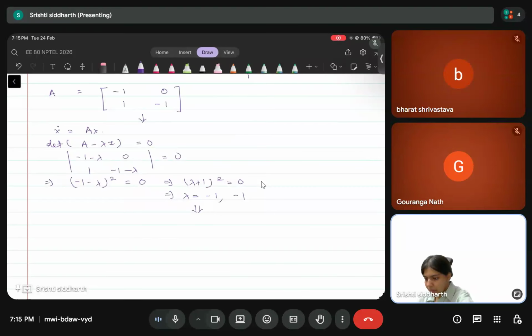This implies that the linearized system is stable, because the eigenvalues have negative real parts.